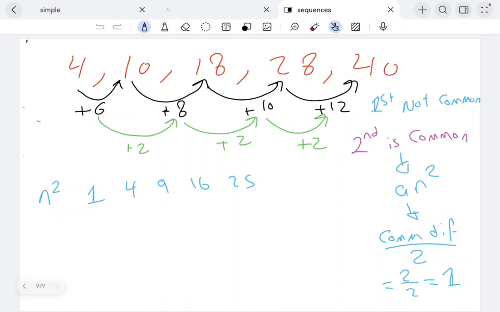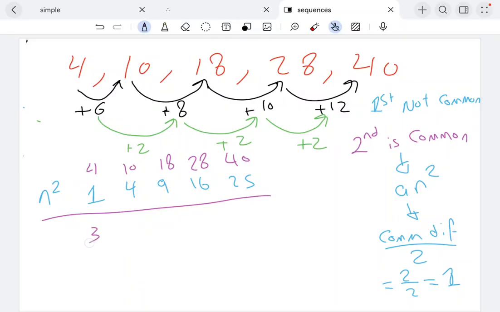Anyway, if I'm using the first way, it's going to be here 4 and here 1. So here 4, here 1, here 10, here 4, here 18, here 9. My original sequence is 28, but here 16, here 40, here 25. And then how much is the difference? How much to go from 1 to 4?